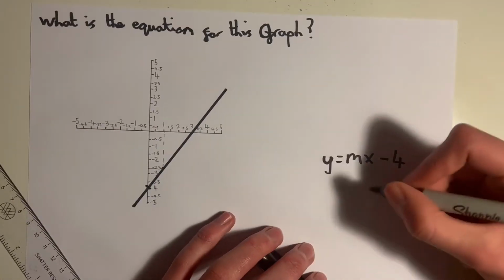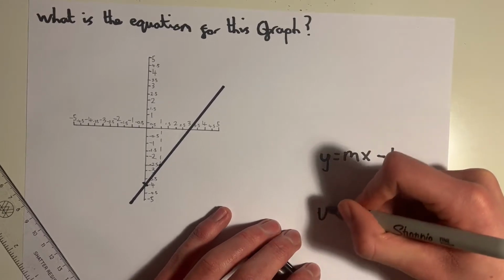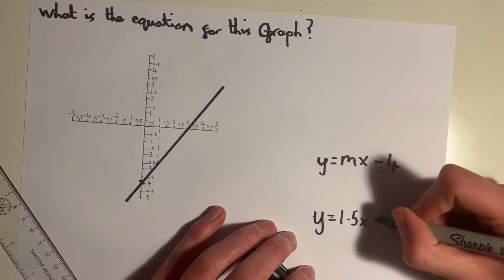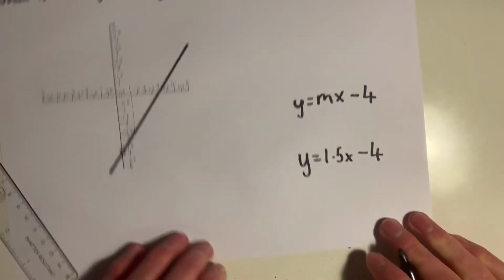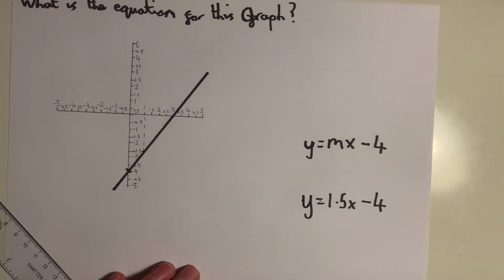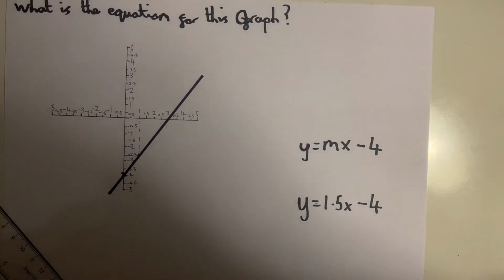So the gradient would be 1.5. So our answer would be y equals 1.5x minus 4. I'll give you an example of a question like this now that you can do at home, and I'll show you the right answer. And then there's one more type of question that they could give you. I'll show you.